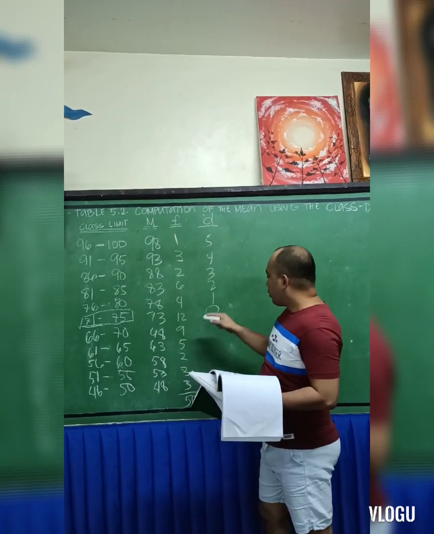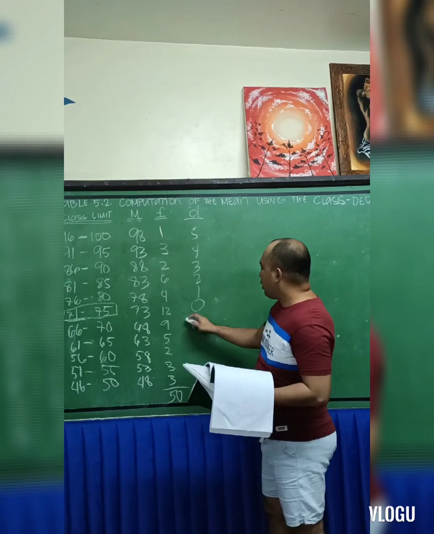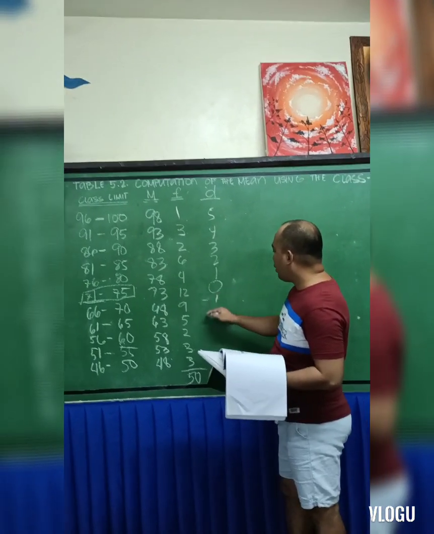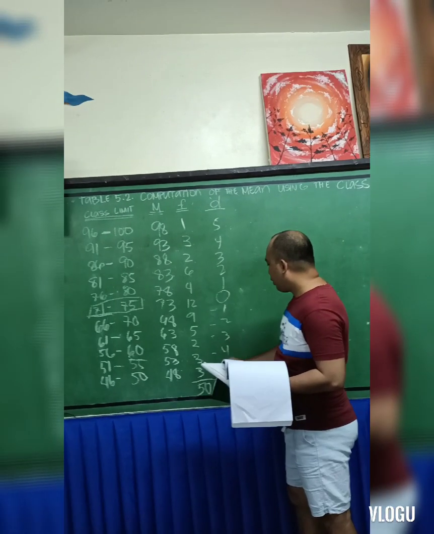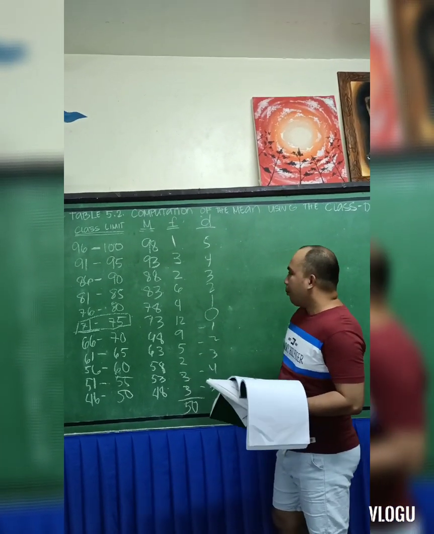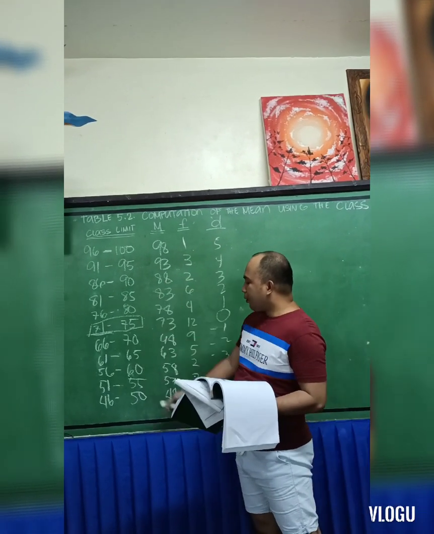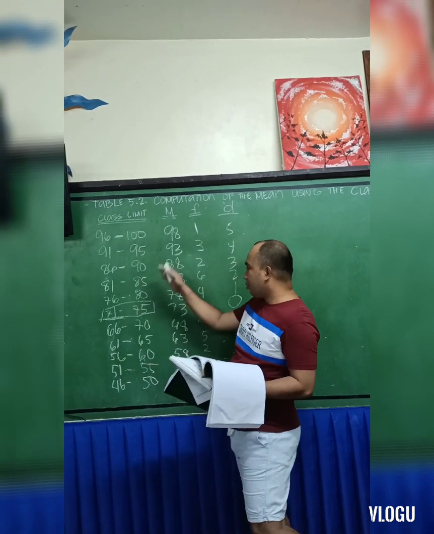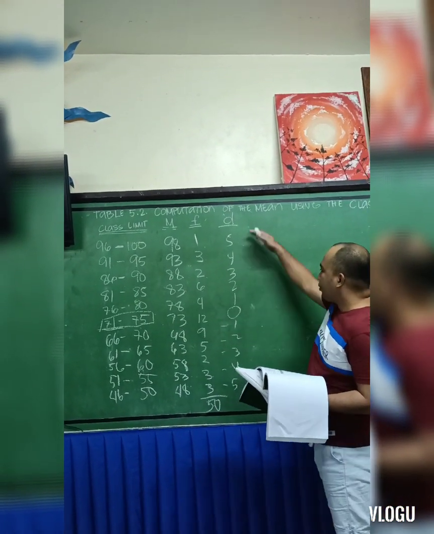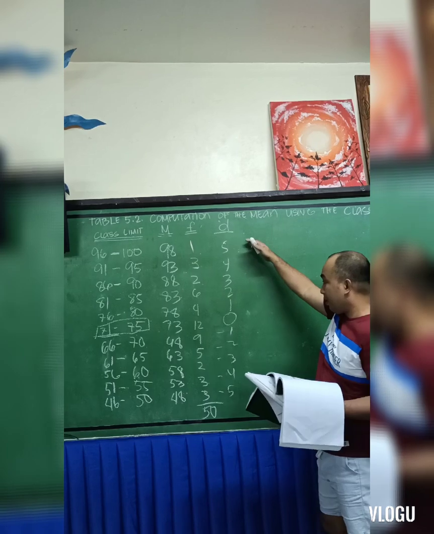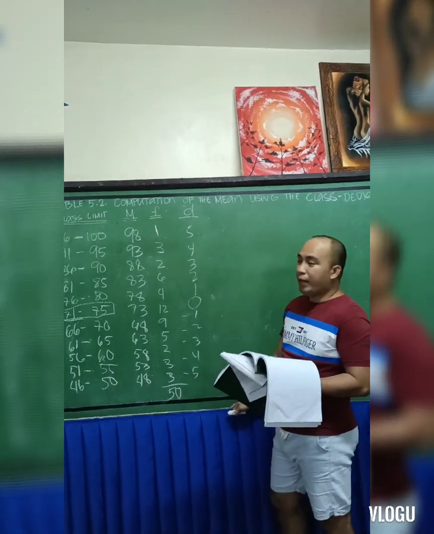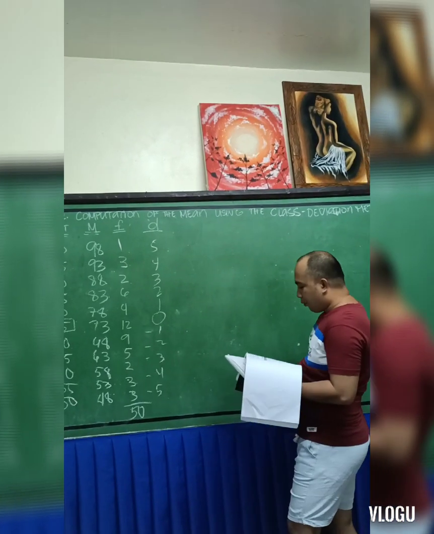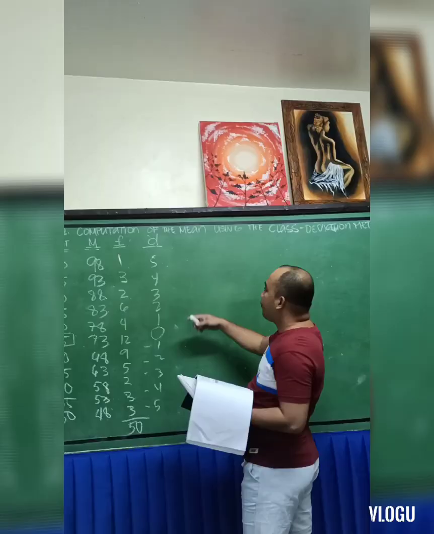Then below 0 is negative: negative 1, negative 2, negative 3, negative 4, negative 5. But if the class limit is arranged from lowest to highest, above 0 the deviation is negative and below 0 is positive. Okay, we already established our deviation.